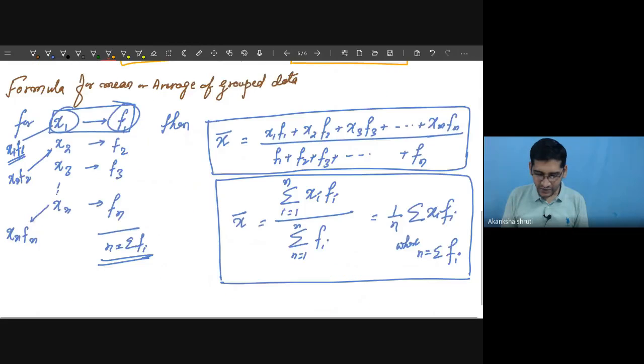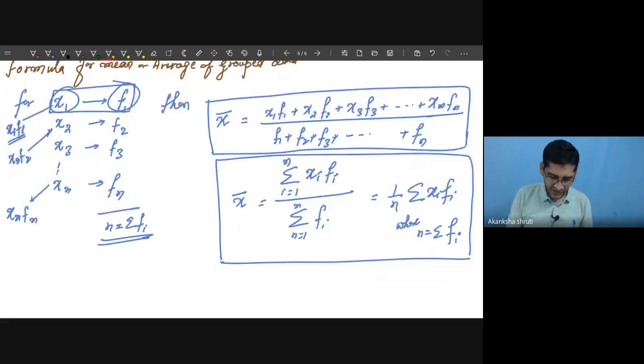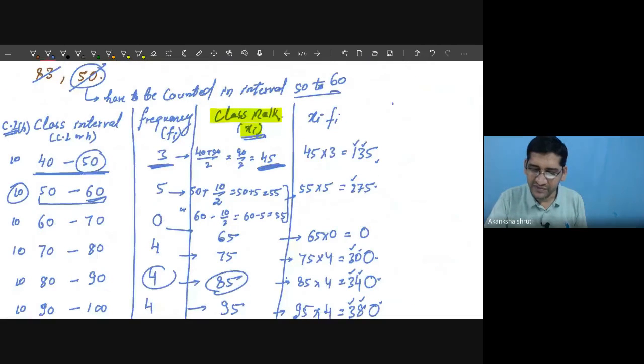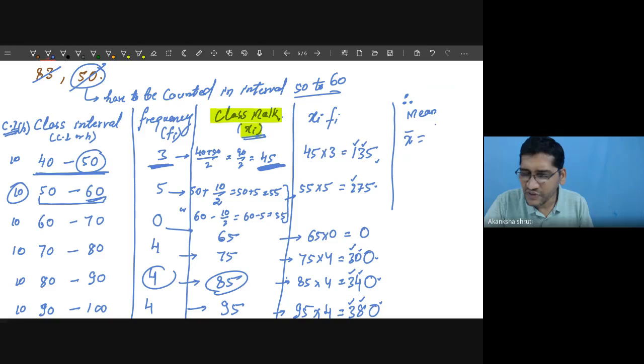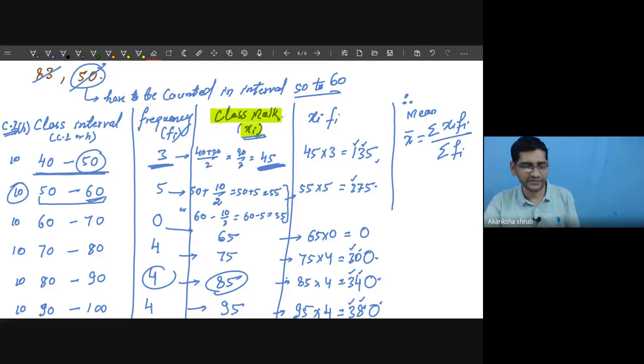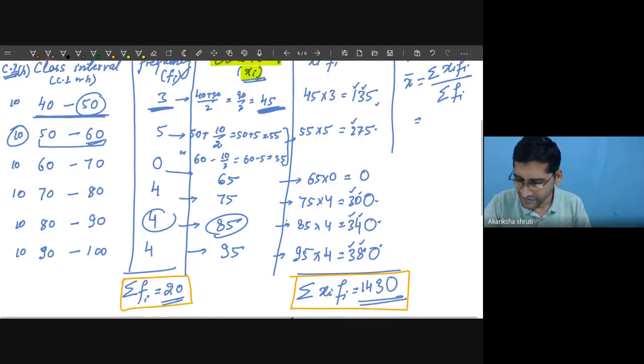Therefore, the mean is calculated by just substituting in this one. Or I may calculate the mean here itself. Therefore, mean x bar is calculated by summation of xi fi divided by summation of fi. Student, many a time the variation of i from 1 to n is not required, or even if you are leaving it, that doesn't make any difference in denoting this formula.